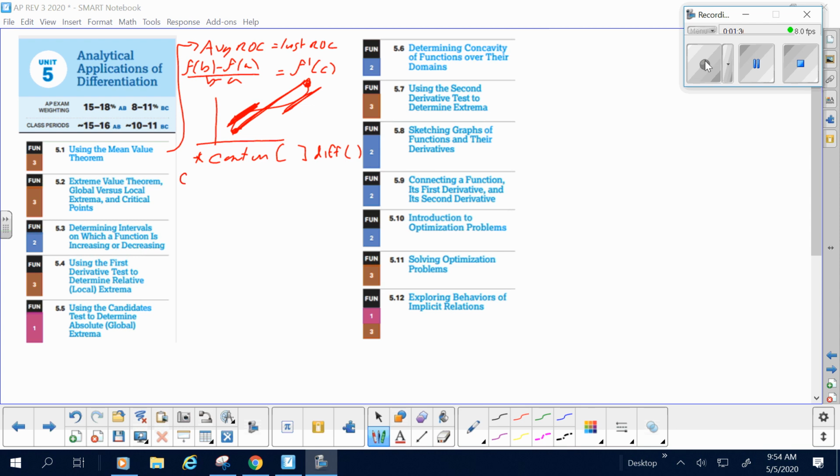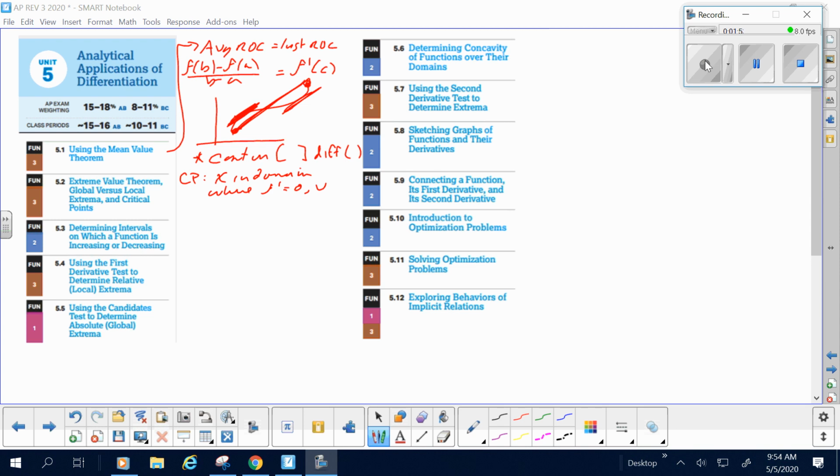Let's start with critical points. Critical points are points x in the domain where the derivative is zero or doesn't exist. They are the first thing you look for in terms of finding extrema. Those are possible candidates.